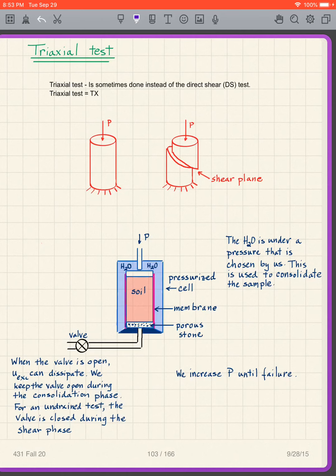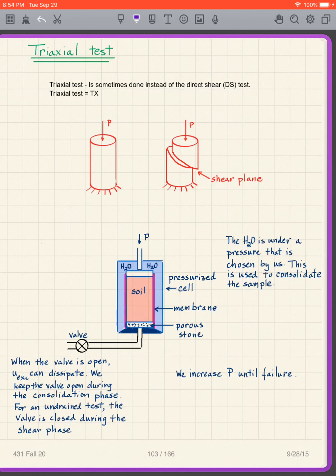This water does not contact the soil because we have a membrane that keeps the water from contacting the soil. The only purpose of that water is to pressurize the soil and create a confining stress on it.